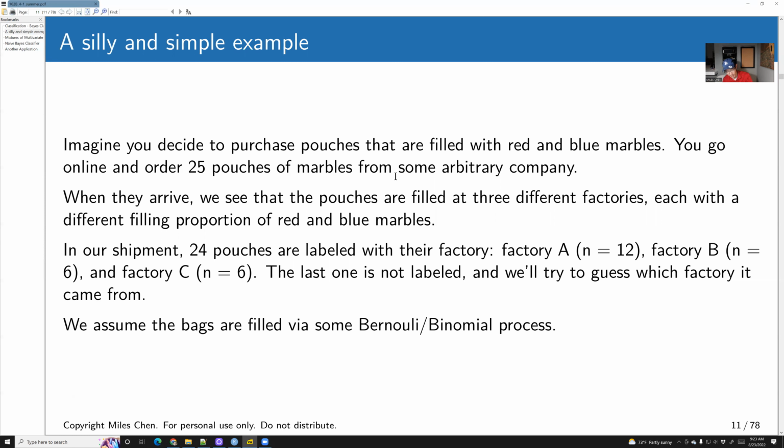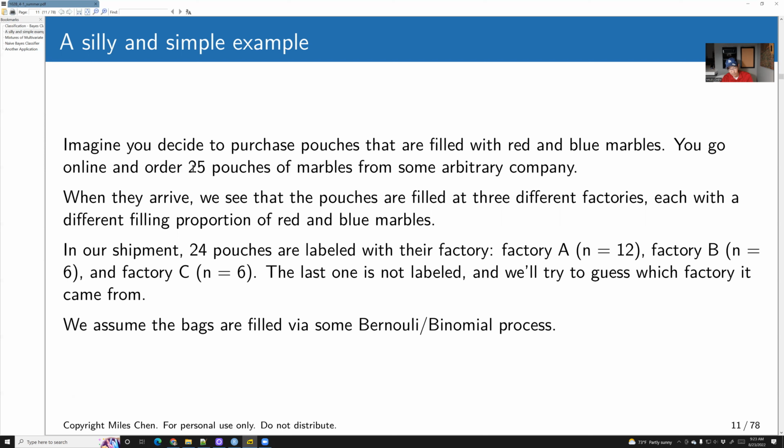All of these things arrive from the factory, and we see that the marbles are filled at 3 different factories: factory A, factory B, and factory C. It seems like factory A fills the marbles at a different proportion than factory B, which might be different from factory C, and so on.